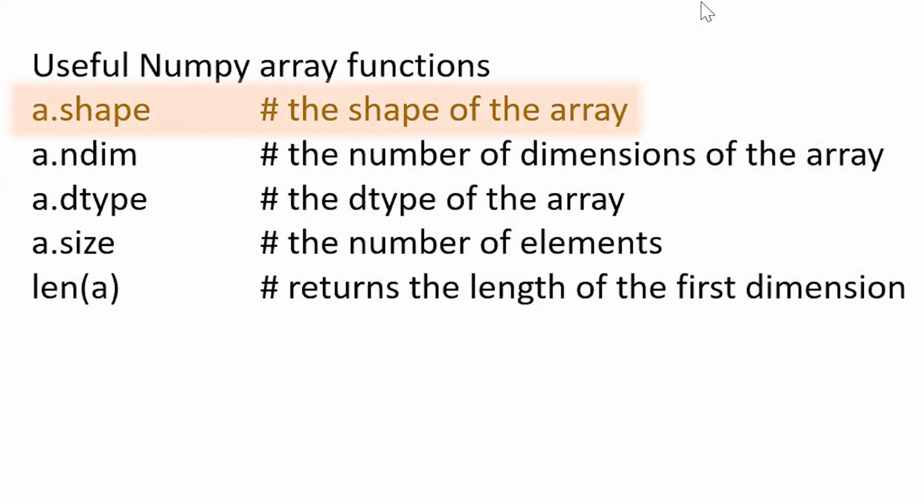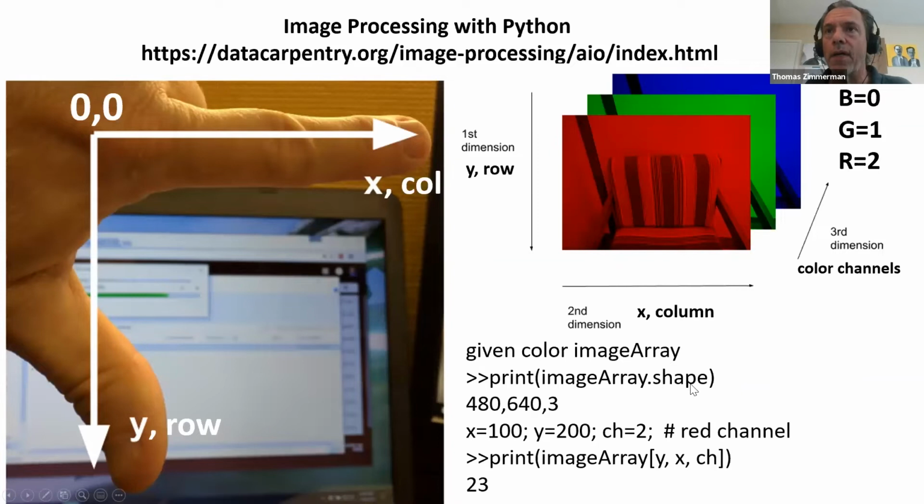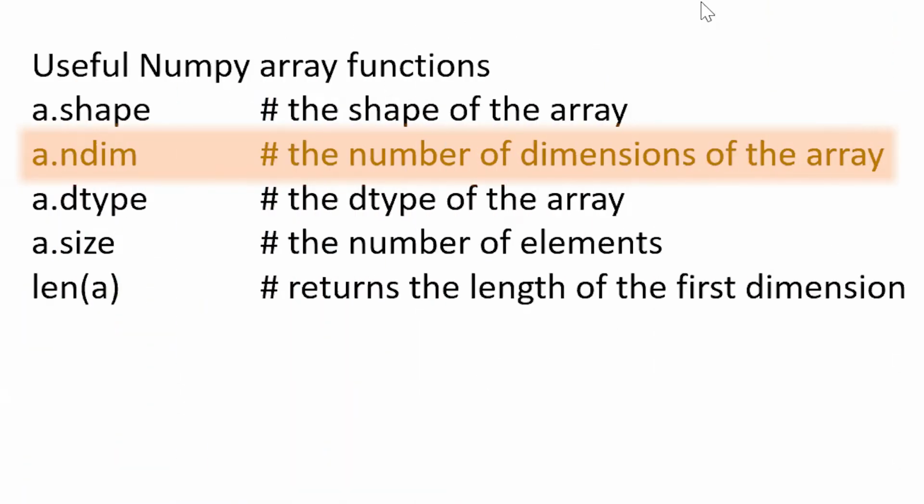So here are some useful NumPy functions with images. I mentioned shape. That's really handy for figuring out what resolution an image is. Because when you do your shape, remember back here, we did shape and we could tell, oh, in the Y it has 480, in the X it has 640, and it has 3 color channels. Dimensions, ndim, is very similar to shape.